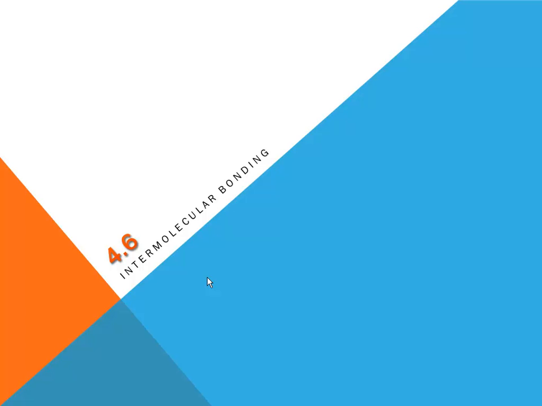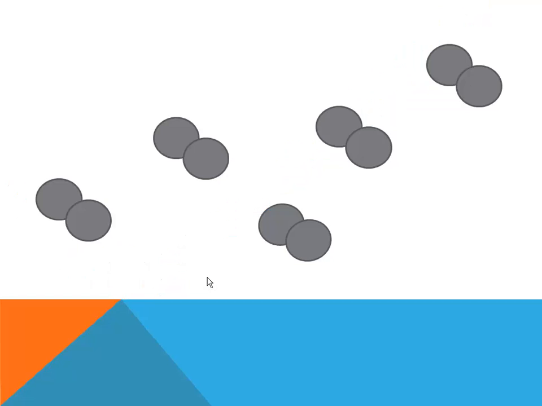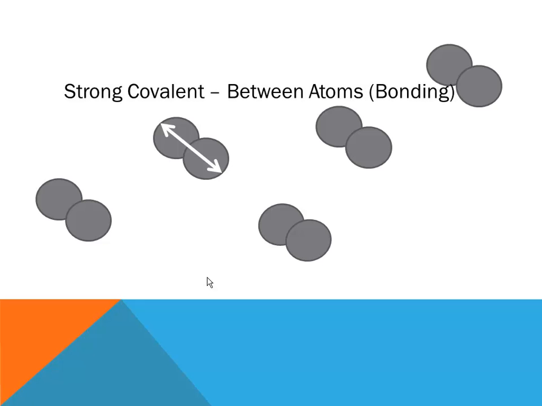Alright, 4.6, intermolecular bonding. So intermolecular forces. These are very important because they deal with a lot of properties of compounds. In a molecule or compound, you have intra, with an A, molecular forces. That's like ionic bonding, covalent bonding, metallic bonding.